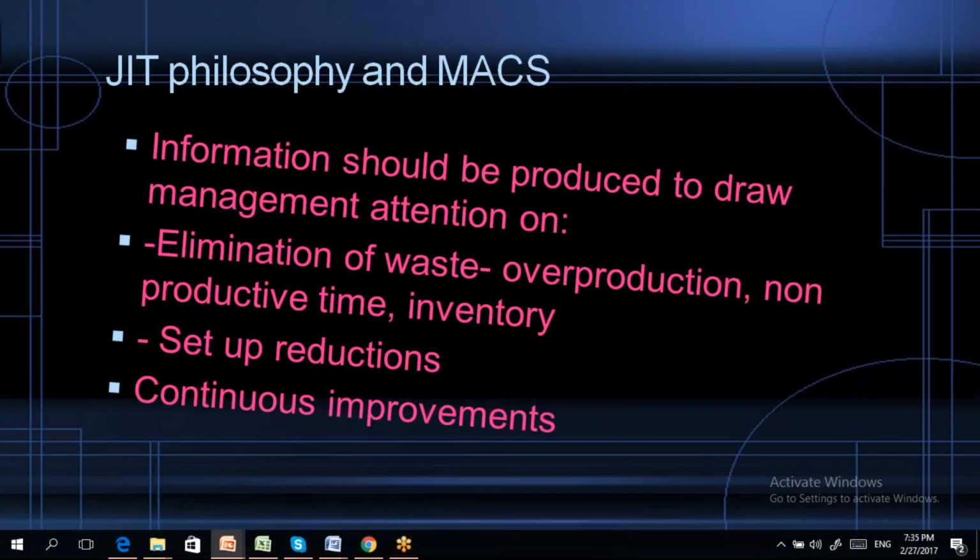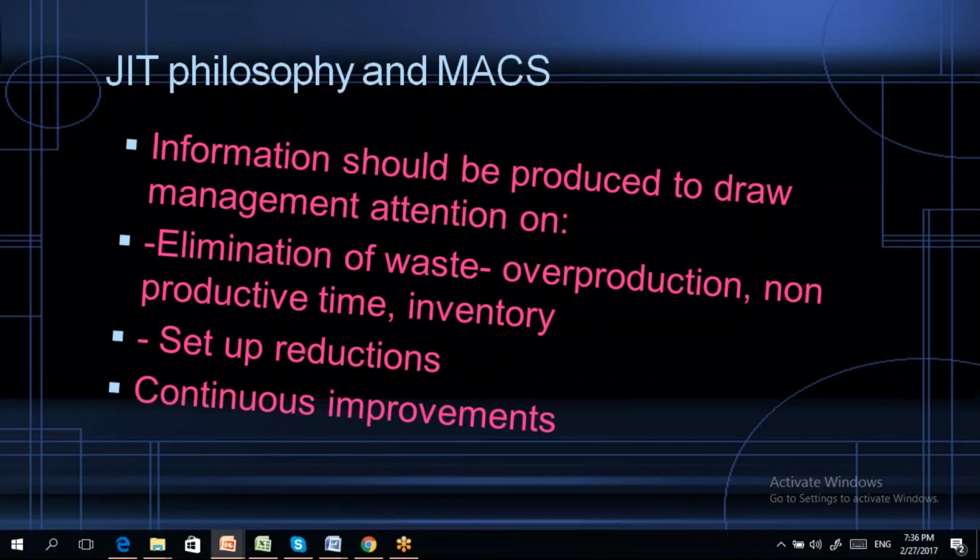You don't want to have any non-productive time, because all the time you are producing, and you don't want to have any inventory. Inventory is a very costly thing. It blocks your money. It can end up with obsolete inventory. It can end up with pilferage. So by working to JIT, you are not going to have inventory, and that way you can manage your inventory very well.